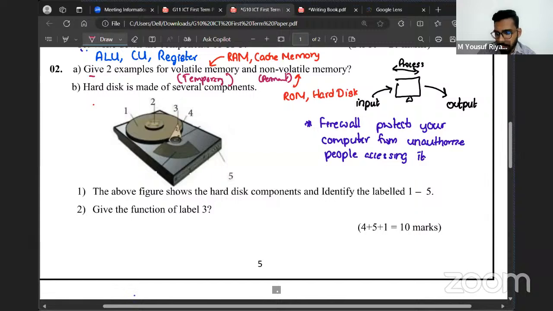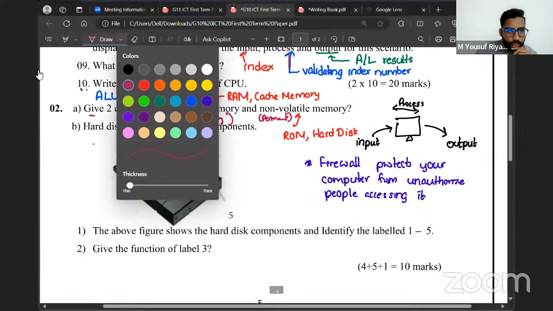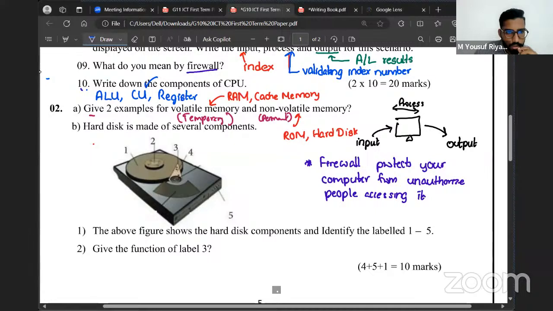ALU does the calculation and gives back the value, right? Okay, fine. Perfect. Any other questions here? What is CU? CU stands for control unit.